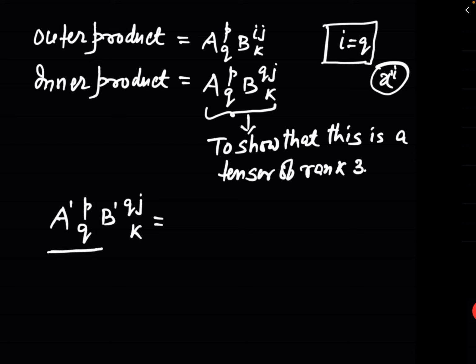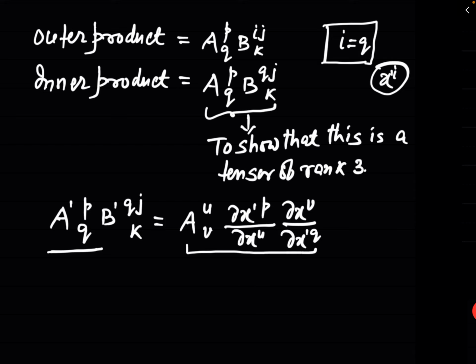For this tensor A prime PQ, we will write its components in the unprimed frame as A UV, and the partial derivatives will be, you can easily say, del x prime P by del XU times del XV by del x prime Q. You know, in fact, this is actually the transformation law for the tensor A prime PQ.